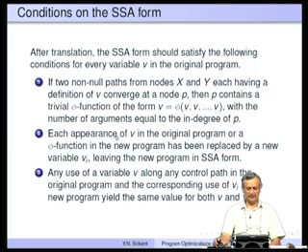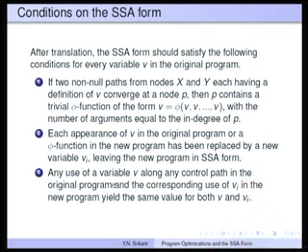And each appearance of the variable v in the original program or a phi function in the new program has been replaced by a new variable v I, leaving the new program in SSA form. In other words, renaming of variables in these trivial phi functions and otherwise have been performed already. The values of the new variable and the old variable must match, that is what the third condition would say.